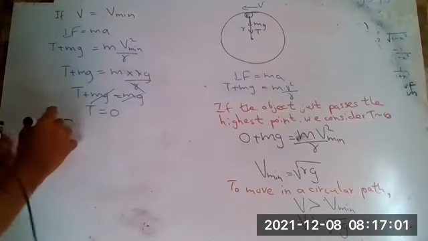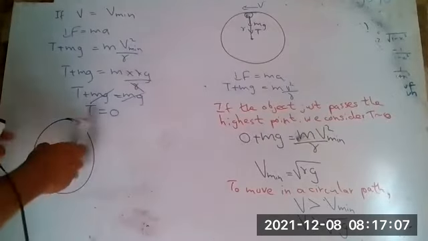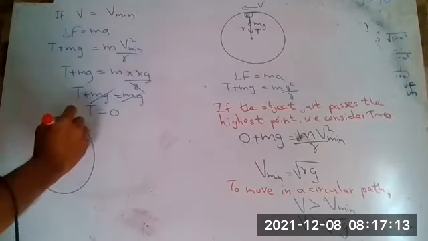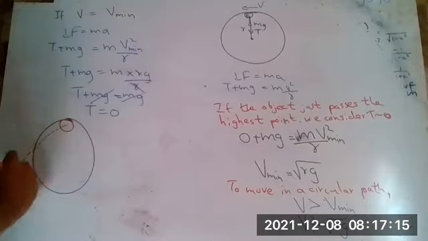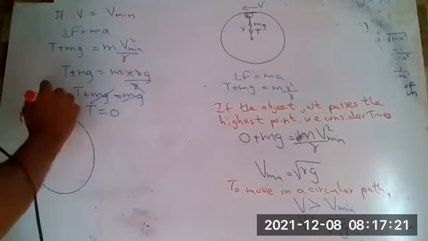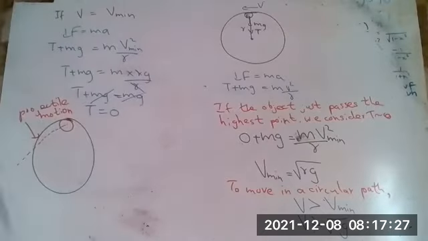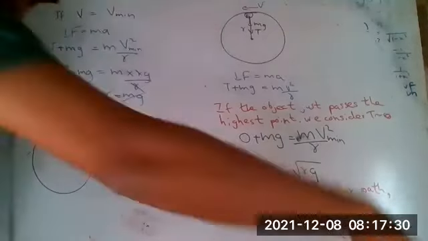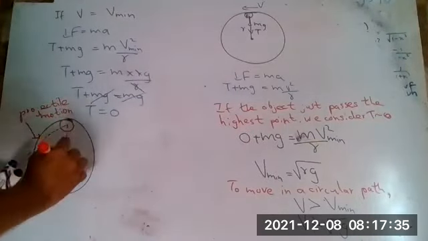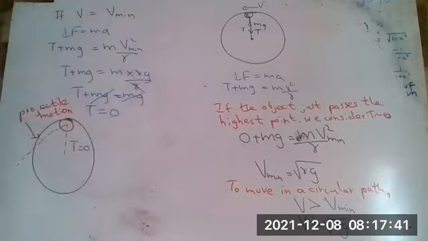This is the object, so it will go through a projectile motion, as if it is projected. It goes like this, falling down, not completing the circle. The condition at this instance is T equals 0.